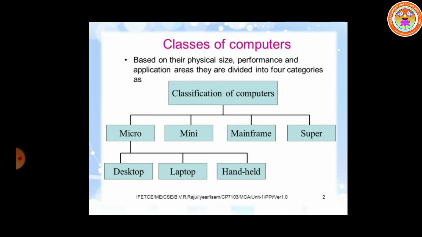The first one is microcomputer, or we call this a personal computer. Next one is mini computer. The next is mainframe computers, and the last one is the supercomputer. So basically we have 4 different types of computer.